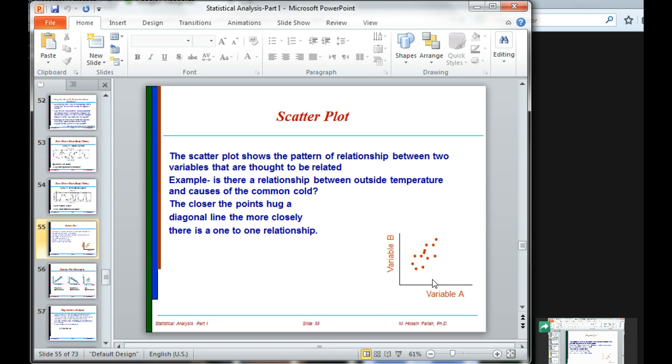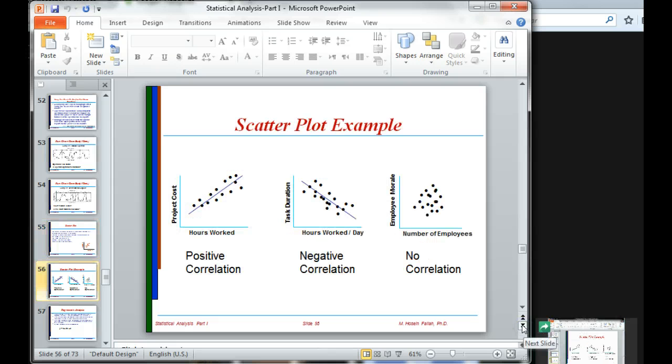You have an independent variable and a dependent variable, and you plot them on an XY axis to see if you can notice any trend. Here's an example of a positive trend, project cost versus hours worked. The more hours you put on a project, the higher the cost is going to go. That's a positive correlation.